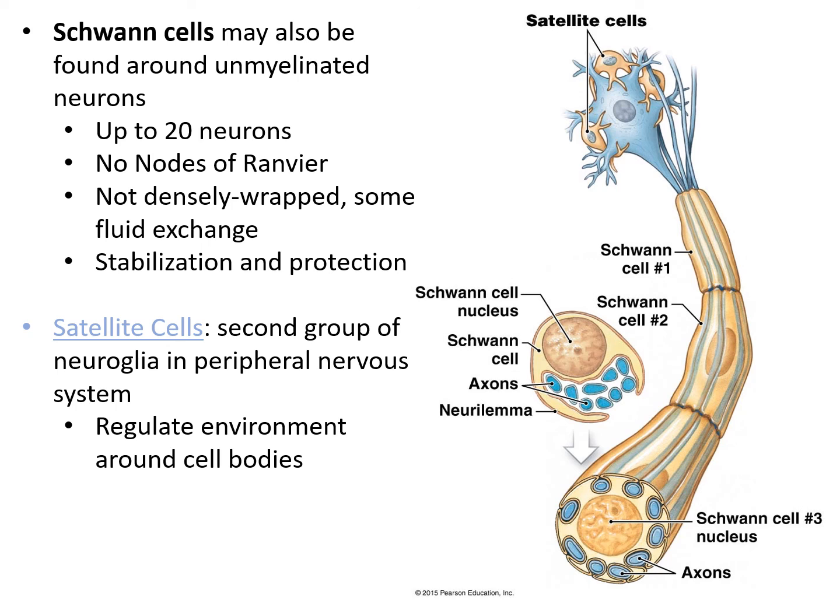However, at this point, we do appreciate that they are regulating the environment around the neuron cell body. For example, they are regulating ion concentrations so that, if potassium gets too high in the interstitial fluid, they can take in some extra potassium ions and therefore help to maintain that resting membrane potential in the neuron. There are similar cells within the central nervous system called astrocytes that are much better understood.